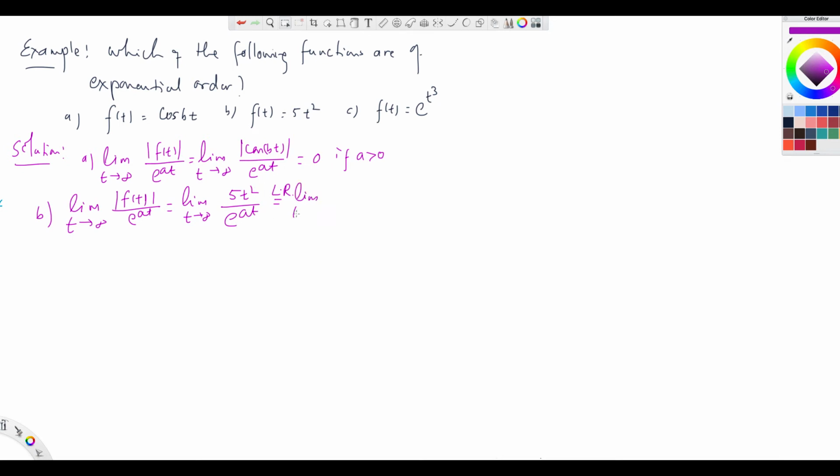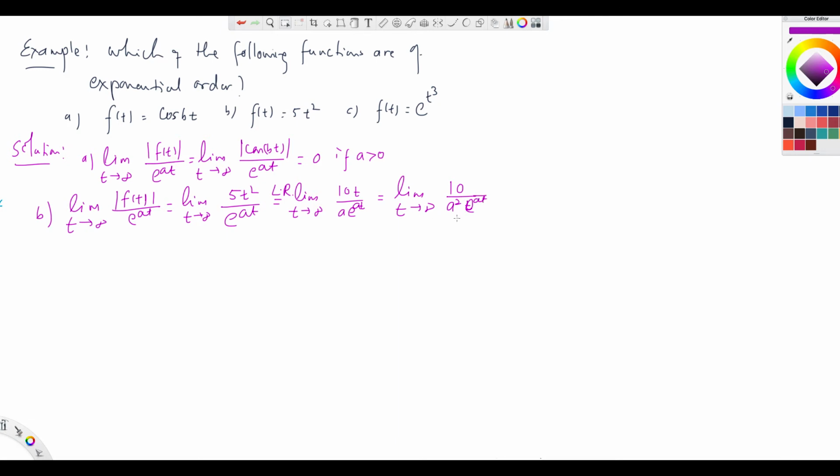So the limit as t tends to infinity. What is the derivative of that? It is 10t over a e to the at. You see that? So how about here? Equals the limit as t tends to infinity. Use L'Hopital's rule again, because when you plug in the limit here, you will get infinity over infinity. So what you get there is 10 over a squared times e to the at.